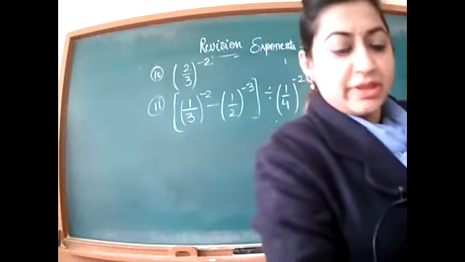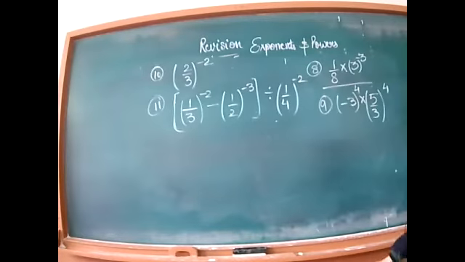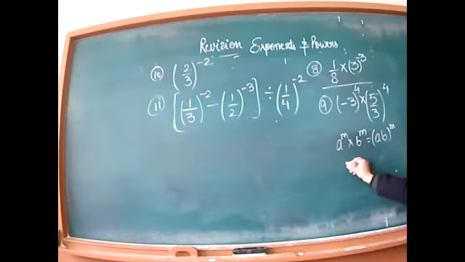Yes, ma'am. Ninth question. The property used here is a raised to power m into b raised to power m, which will be equal to ab raised to power m. As the powers are same, we will write -3 into 5 by 3 raised to power 4.